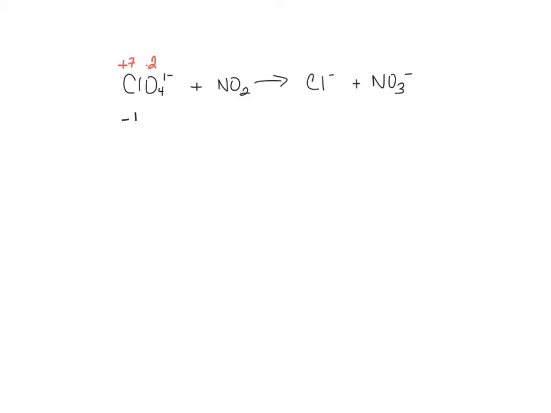Nitrogen dioxide. So this is not a peroxide, so the oxidation number of oxygen is -2. There's 2 of them, so a total negative oxidation number of -4. So nitrogen must be +4.